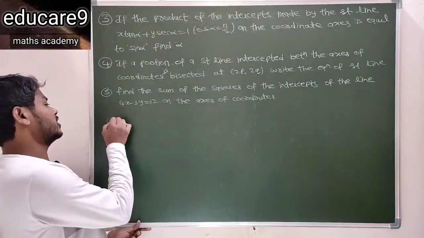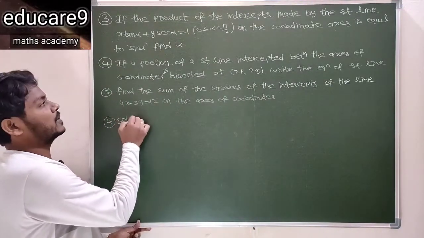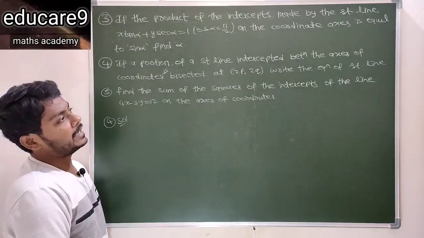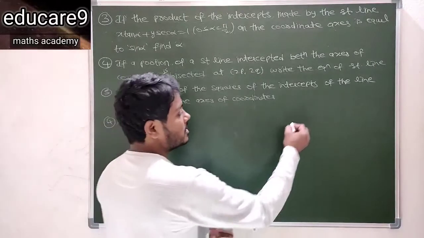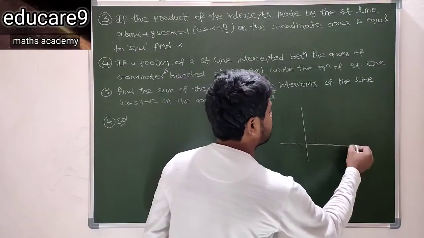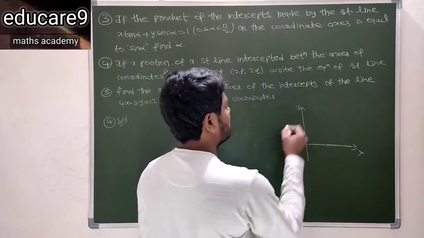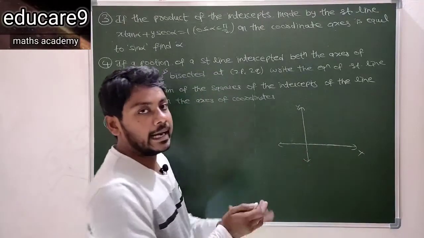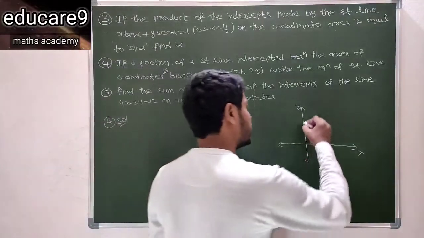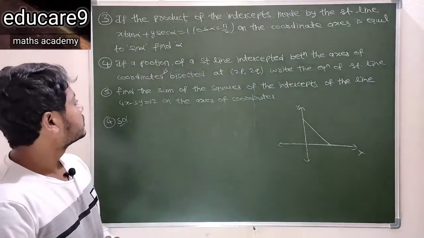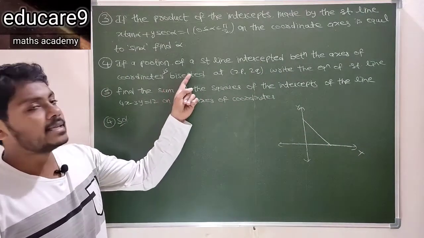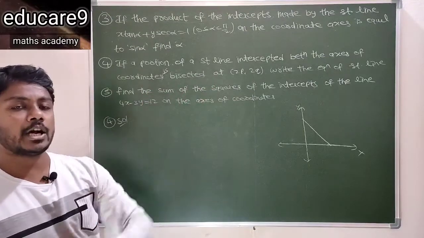So see the fourth question. If a portion of a straight line intercepted between the axes of coordinates. So see here, this is the coordinate axis. So here the required straight line is intercepted between the axes, and is bisected at the point 2p comma 2q.